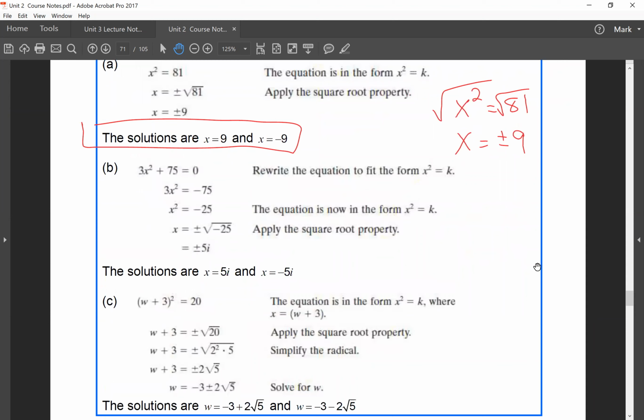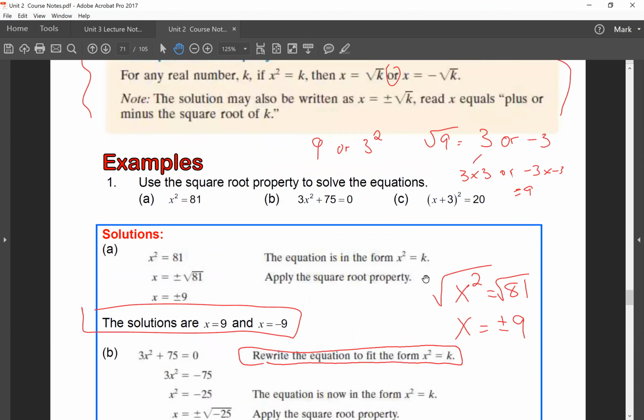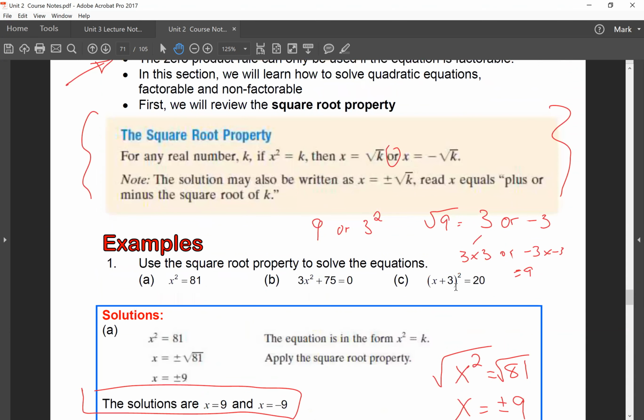B is a little bit more complicated. So first thing I'm going to do is I'm going to rewrite the equation to fit this form of my perfect square, x squared equals k. I don't know why they pick k for the square root property. It's just like a variable. It could be like a, b, c.